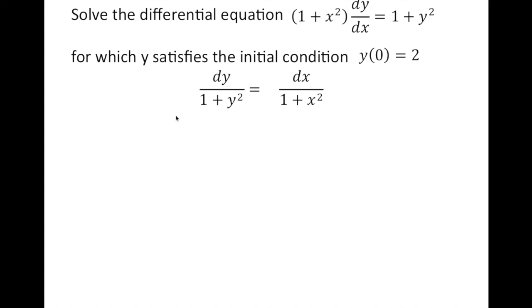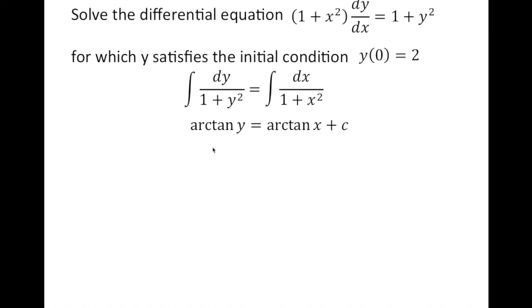After doing that, the next thing to do is we can integrate both sides, and then apply your integration technique, your knowledge about it. So the left side is going to be arctangent of y, and then the right side is equal to arctangent of x plus c. Now, to make it less confusing, we don't need to write plus c here anymore, because the c here actually represents the constant anyway.